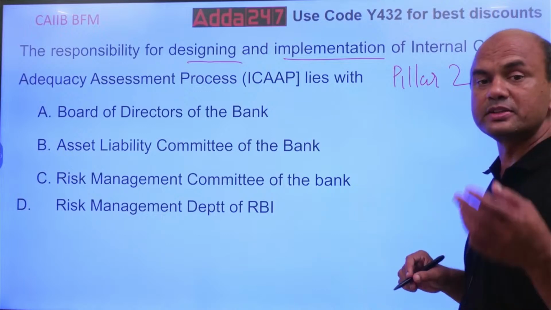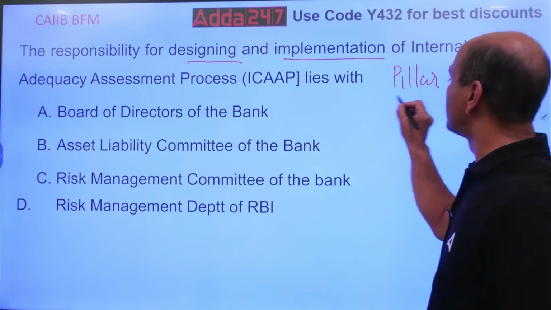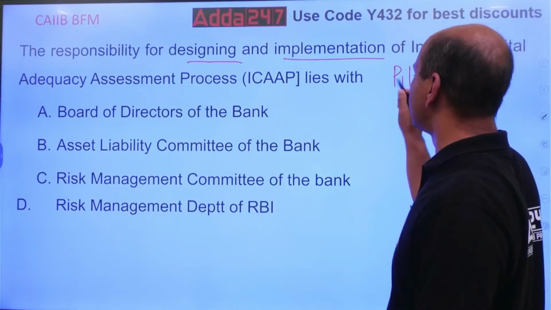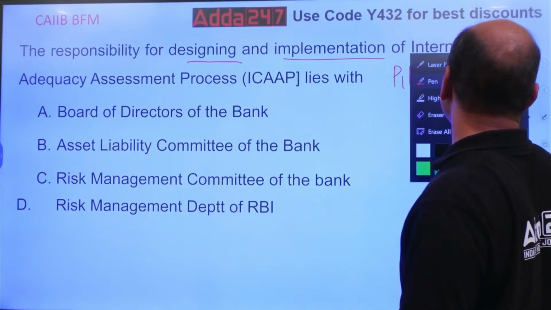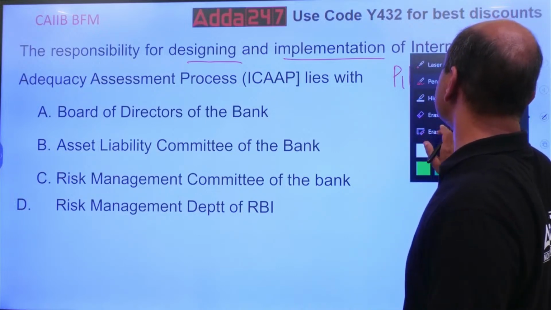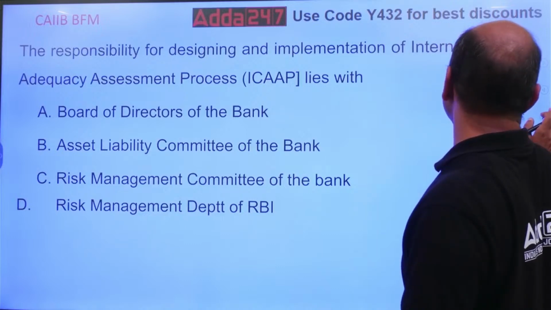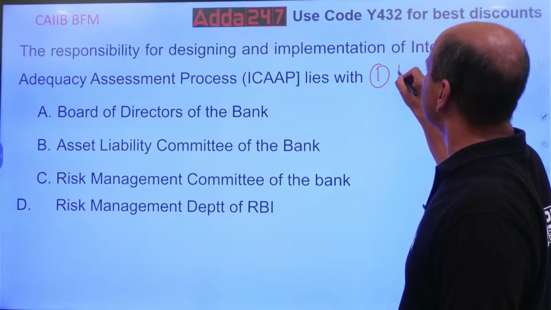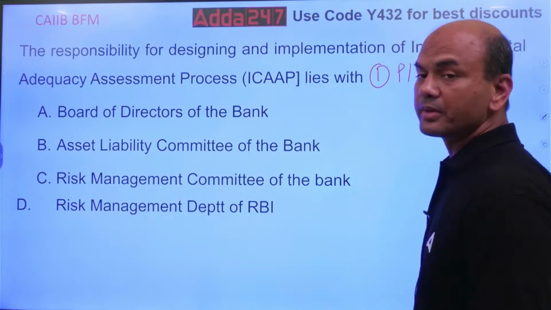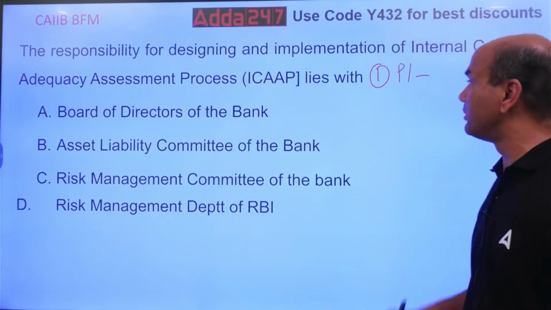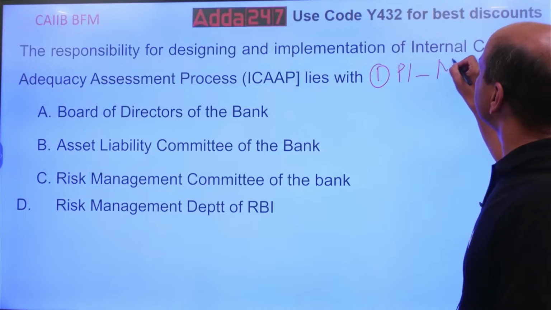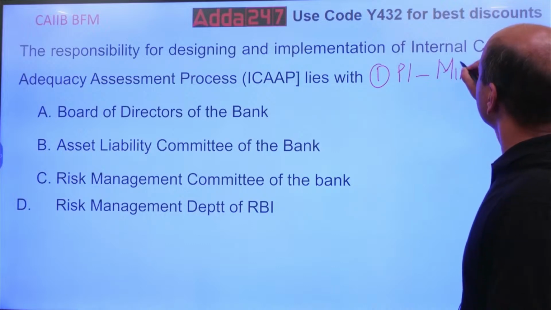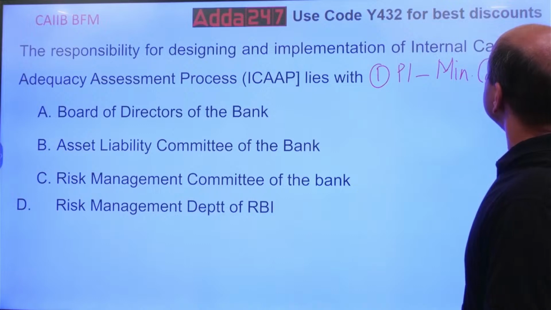What are the three pillars of Basel? Everyone tell me. Chalo, let's write one by one. Let's do this revision. Pillar 1, P1, is minimum capital requirement, or we call it enhanced minimum capital. This is Pillar 1.